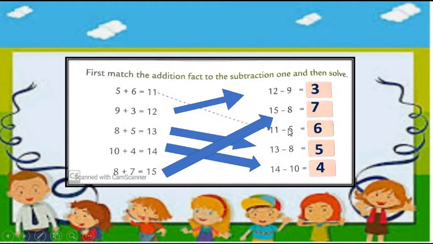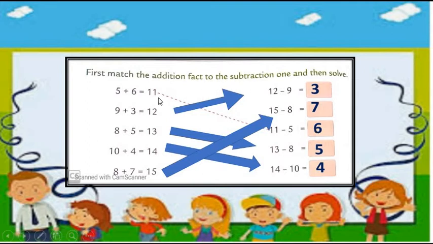Now 11 minus 5, we get 6. So we have to match 5 plus 6 is equal to 11 with 11 minus 5 is equal to 6.